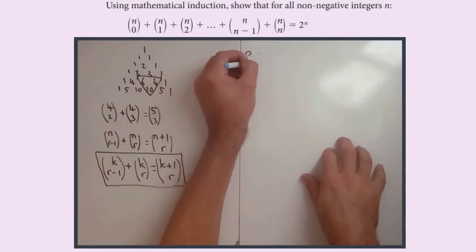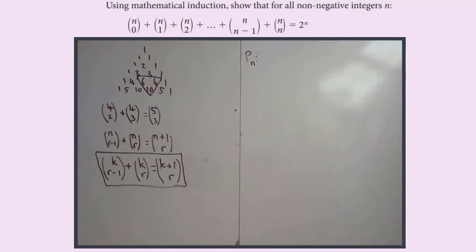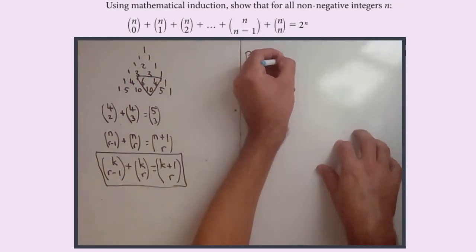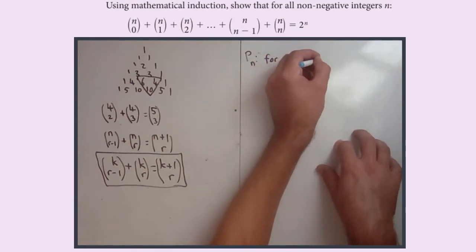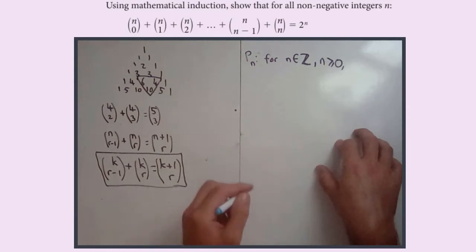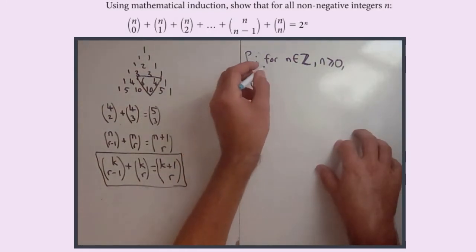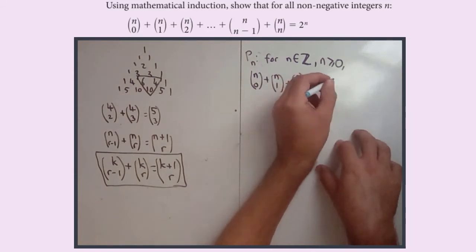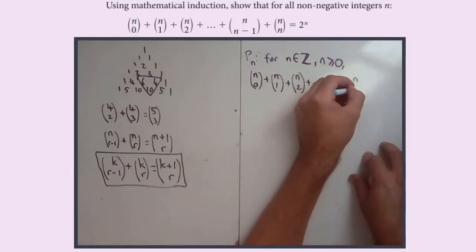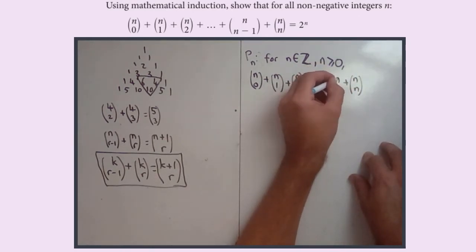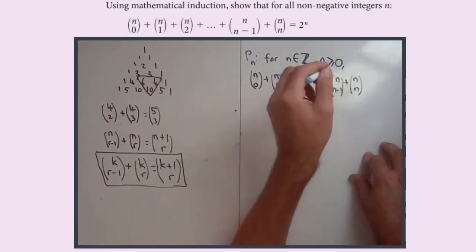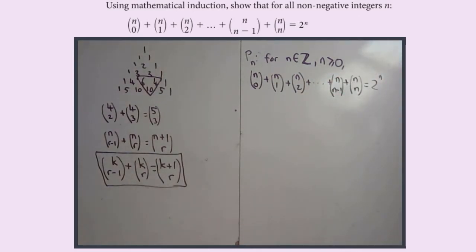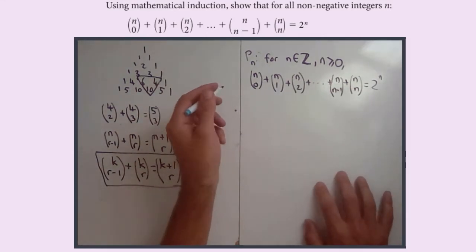The proposition Pn that we're trying to prove is as follows: for all integers n greater than or equal to 0, nC0 plus nC1 plus nC2 plus ... all the way up to the last term nCn, so the second last term must be nC(n minus 1), equals 2 to the power of n for all non-negative integers n. So how are we going to do it? By the principle of mathematical induction.